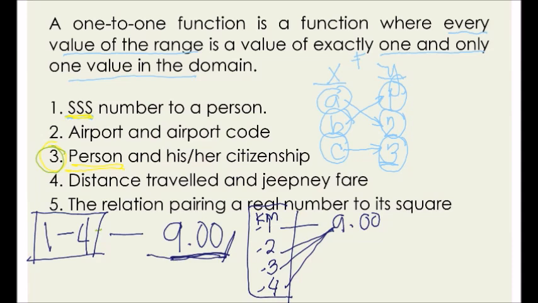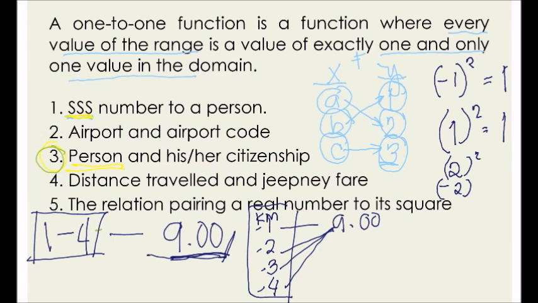Next, we have here the relation pairing a real number and its square. So, real numbers would include integers. If we have -1 and then we have 1 here, if we're going to take the square of both those numbers, we are going to get 1. The same as if we have +2 and -2.